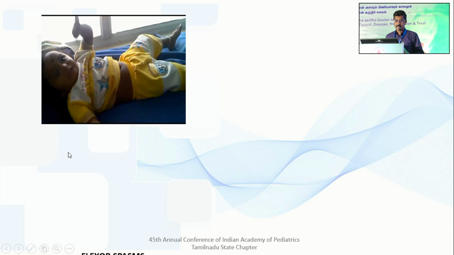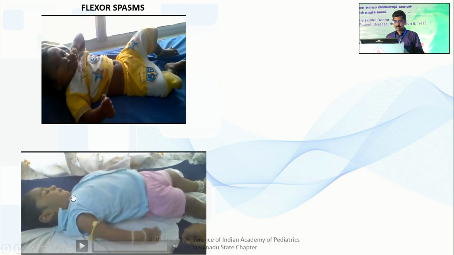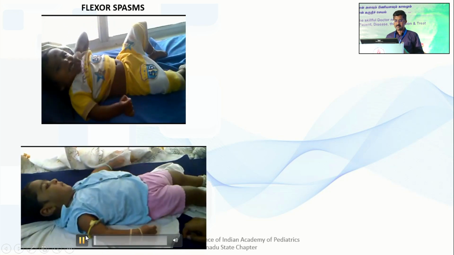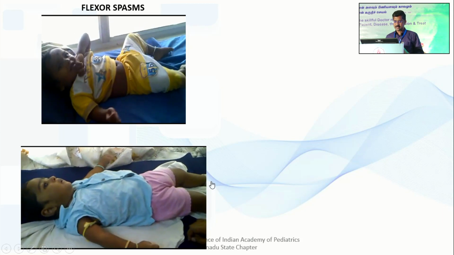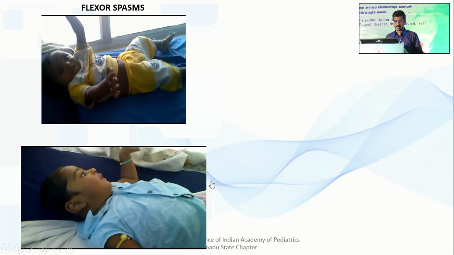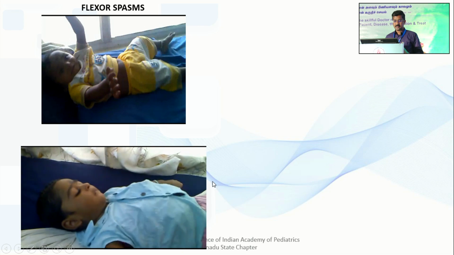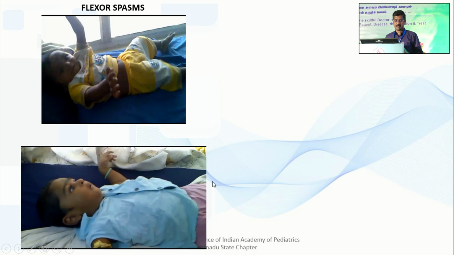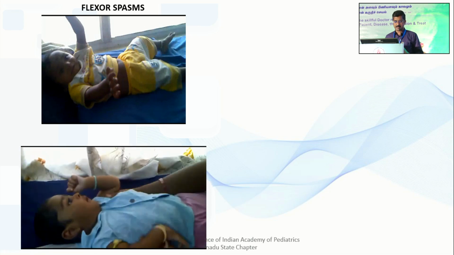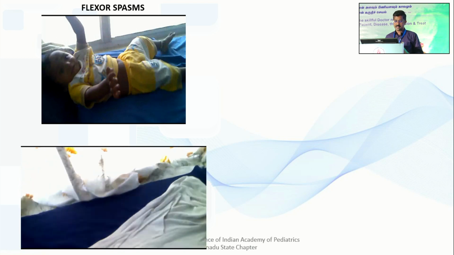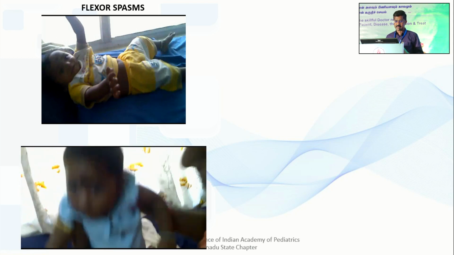And when you see a child with myoclonic jerks, this is a classical flexor spasm. And another thing is the extensor spasm in the child below. It may seem mild and subtle when the child is lying in the supine posture, but once you lift the child, it will be very violent to see.